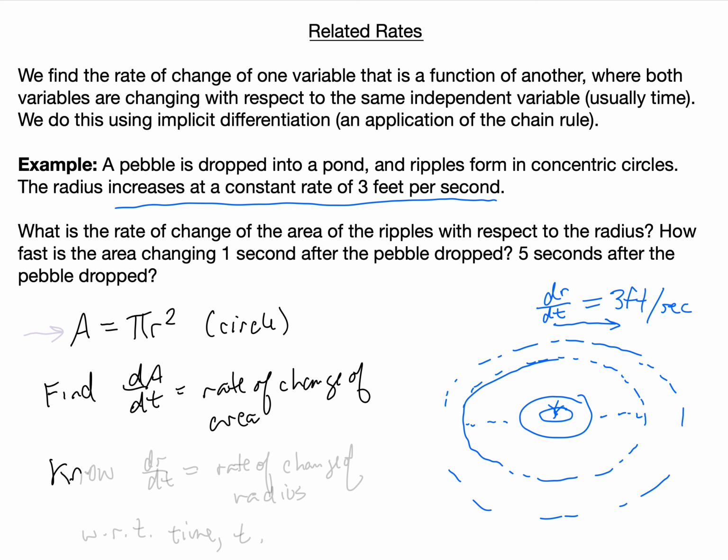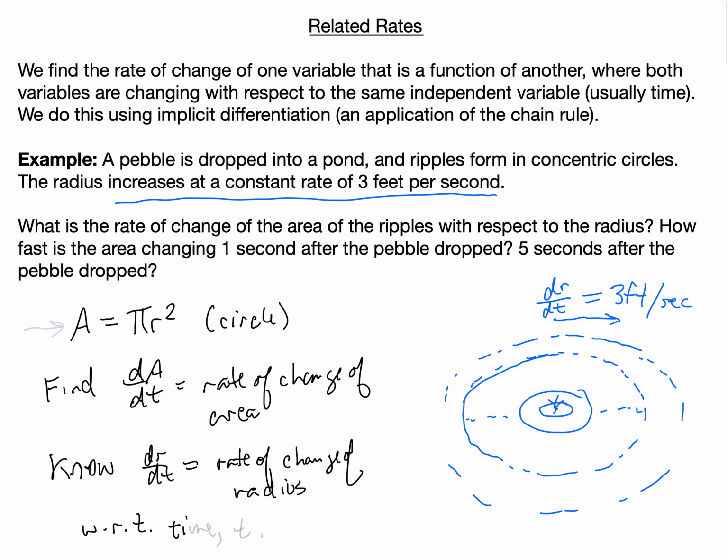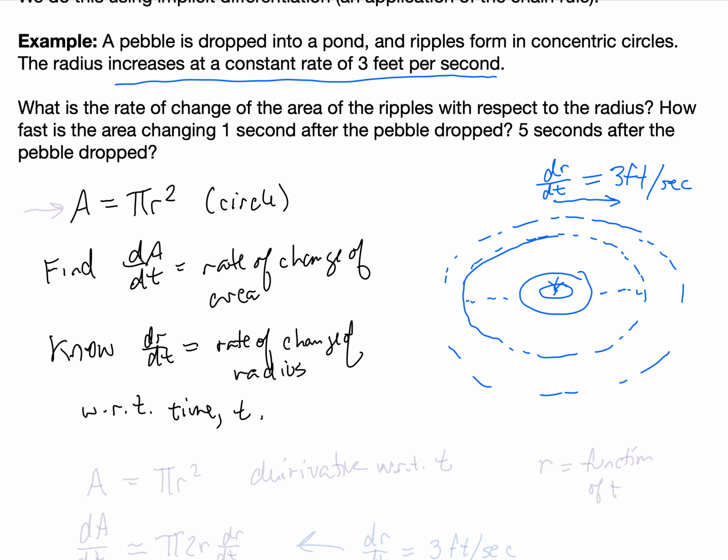We know dr dt, in this case that's constant. dr dt is the rate of change of the radius, and these are both with respect to time t.